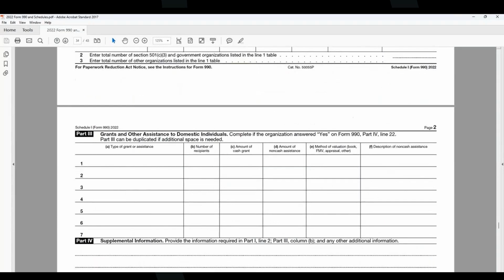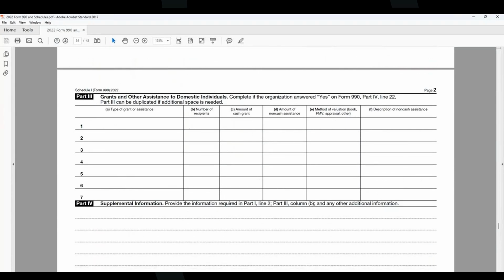Part 3 is for grants and other assistance to domestic individuals. Differently from Part 2, here you only list the types of grants or assistance. So you're not listing by individual person. That could be something like scholarships, awards, other things like that. So you would include the type of grant, the number of recipients, the total amount of cash or non-cash assistance, the method used to determine the value, and the description of the assistance.